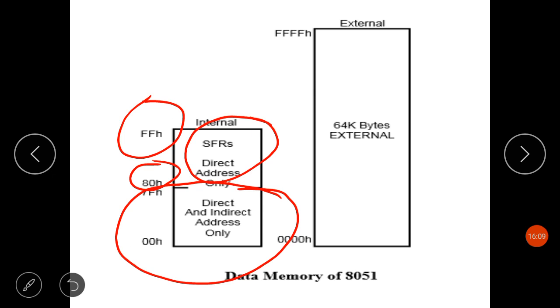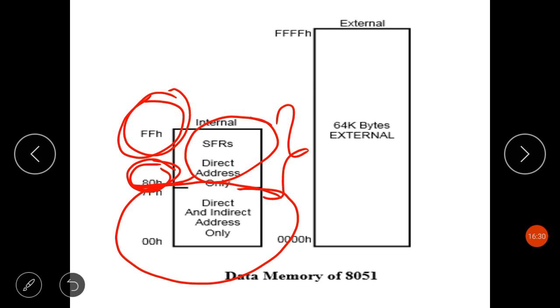So here you just understand that this upper 128 bytes, 80H to FFH, is occupied by the special function registers, which control specific functions of the 8051 microcontroller, and these addresses are above 80H.